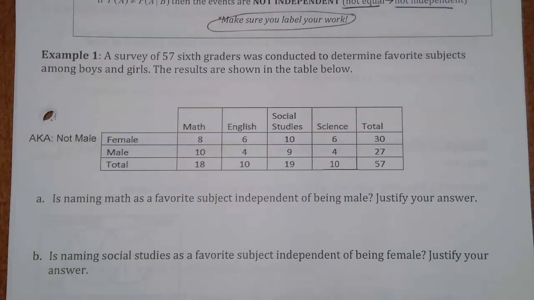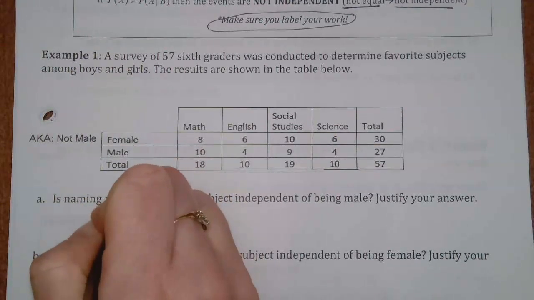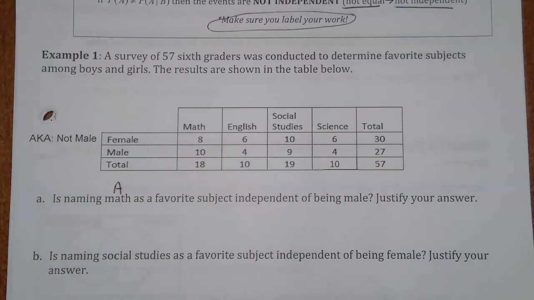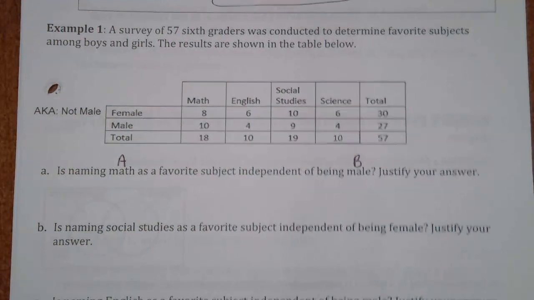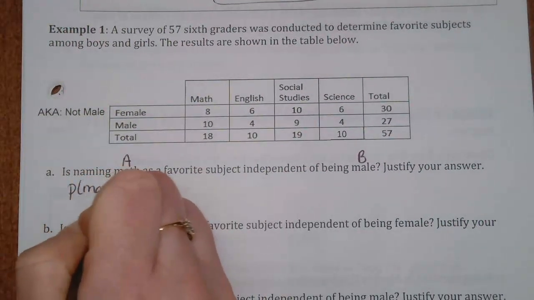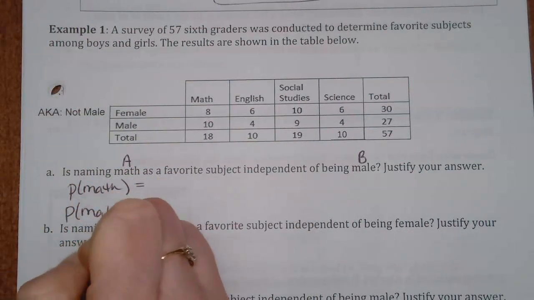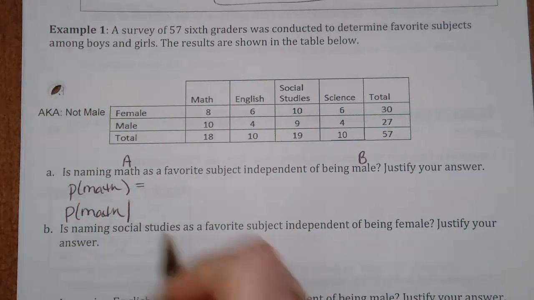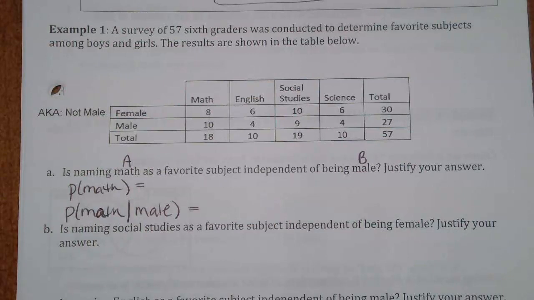I typically, and it doesn't matter, but I typically let whatever is mentioned first be event A, and whatever is mentioned second be event B. So if I'm going to decide if these are independent, then I need to show the probability of math that the students picked, and the probability of math given the condition of being male in this case.